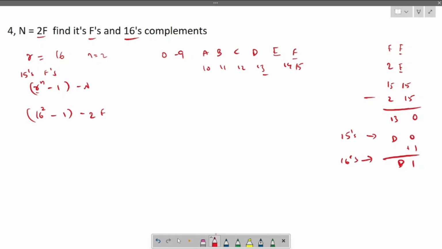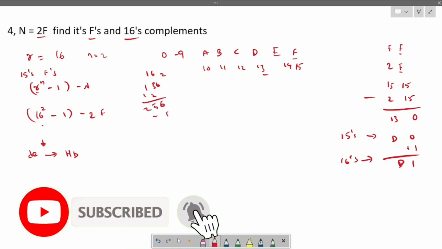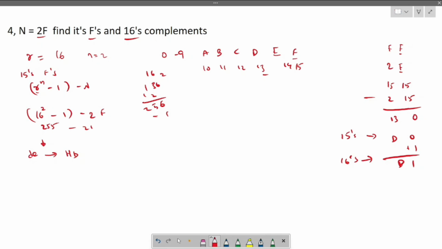At the end we get the result in decimal format, and later you need to convert to hexadecimal. 16 squared is 256, and 256 minus 1 is 255, minus 2F.